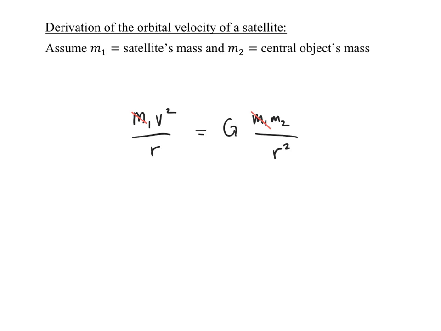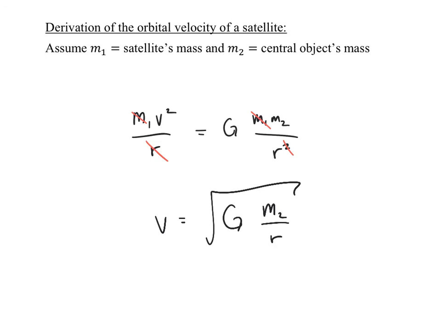I'm calling the outer one satellite, the inner one central object now, instead of the Earth and the Sun, so we could just generalize more. And then I'm going to cancel r, and cancel one of the r's over here. And I'll get v equals the square root of G m2 over r. That's the orbital velocity needed to keep a satellite in motion above the Earth.